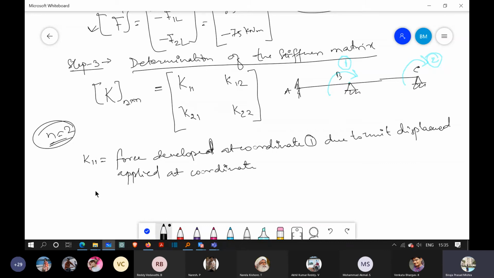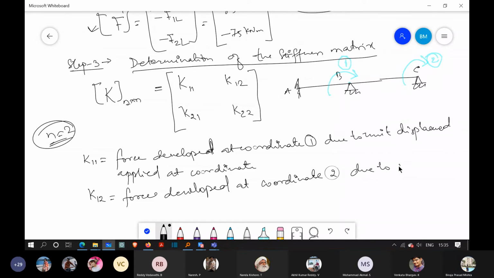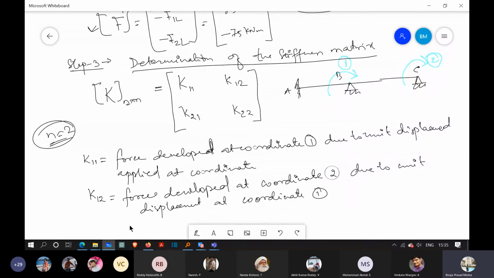Similarly, K12 equals the force developed at coordinate 2 due to unit displacement at coordinate 1.